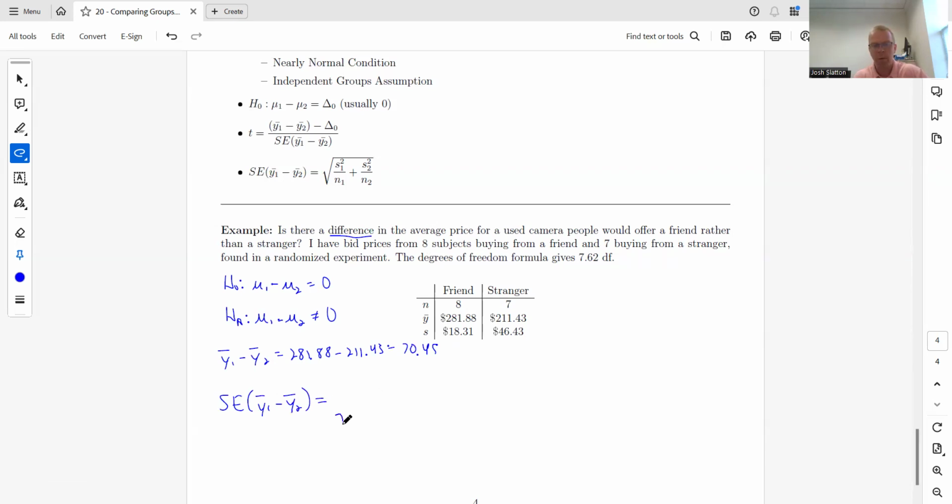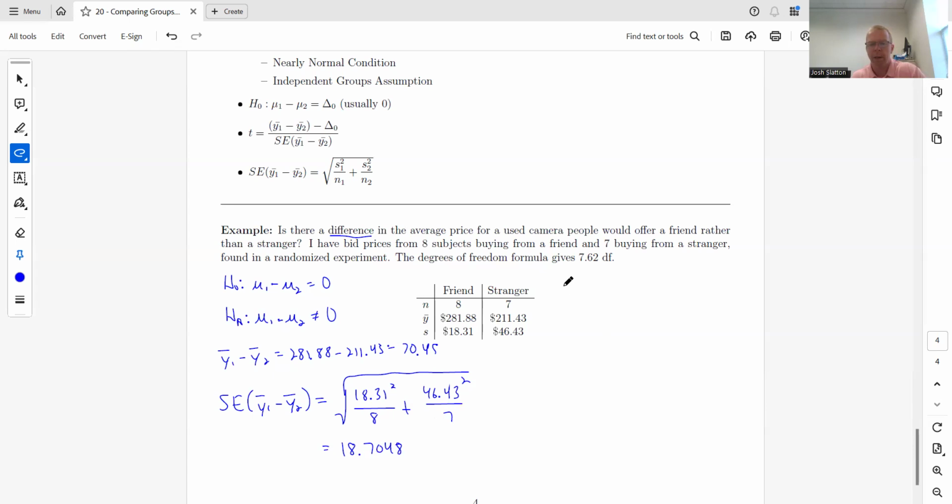It will be the square root of 18.31 squared over n1, which is 8, plus 46.43 squared over n2, which is 7. And we get 18.7048.